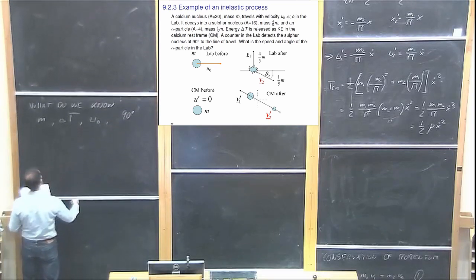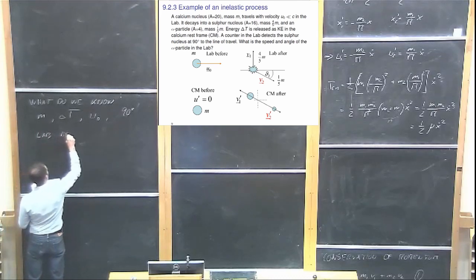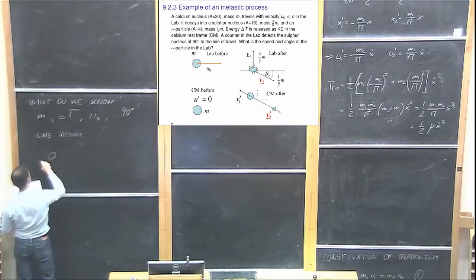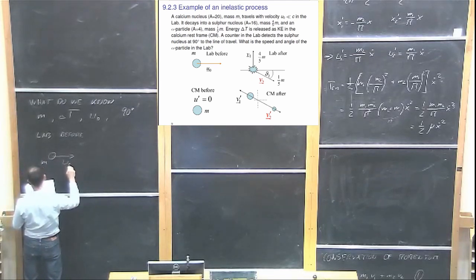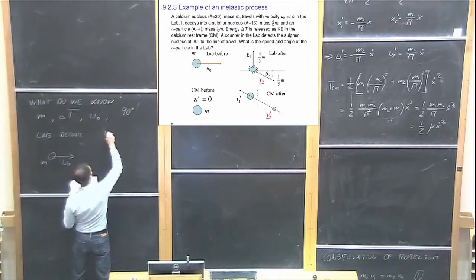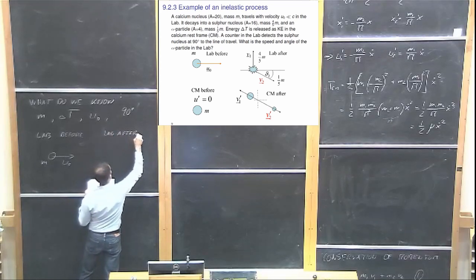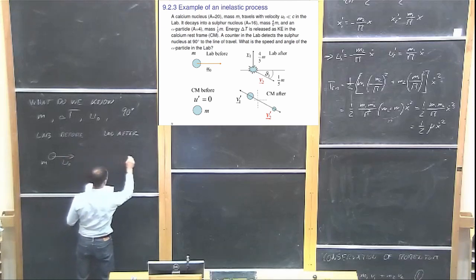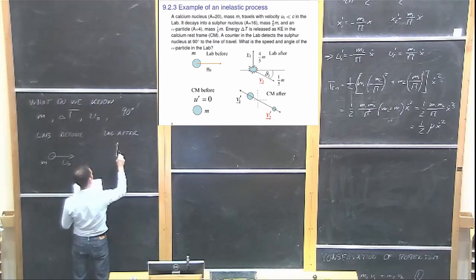Now, lab before, we've got the particle with m moving at u naught, and lab after, we have here, just going to continue the line, one particle going out here at 90 degrees.